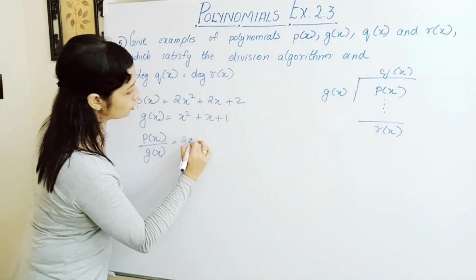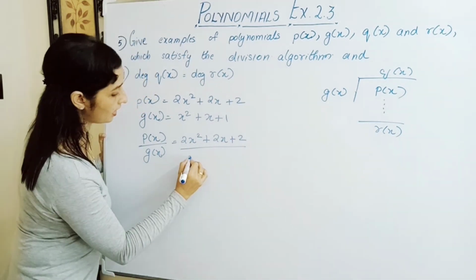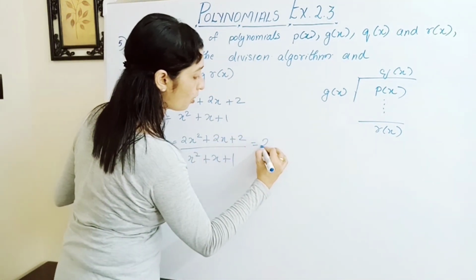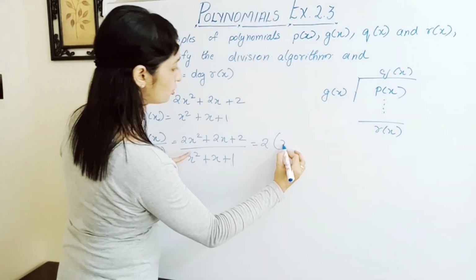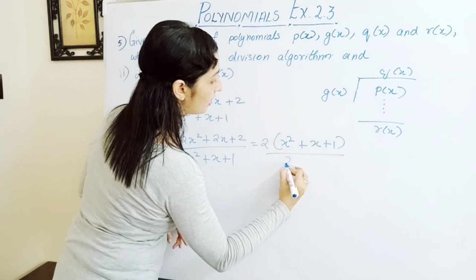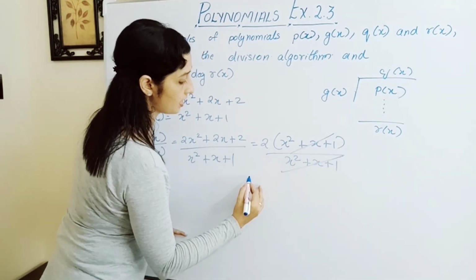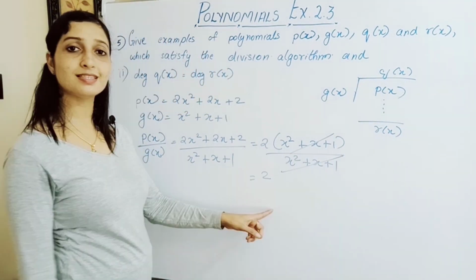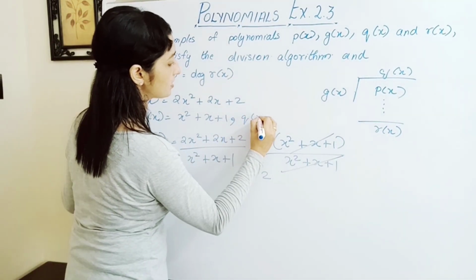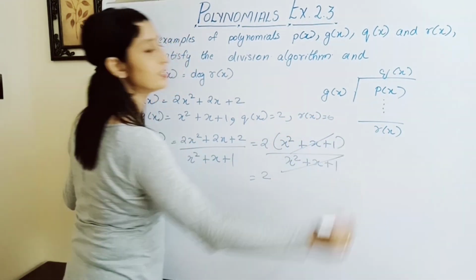What do you get? 2x square plus 2x plus 2 by x square plus x plus 1. From here you can take 2 common. So what happens? 2 into x square plus x plus 1 by x square plus x plus 1. So this and this gets cancelled. You get the quotient as 2. So you get here q of x equal 2 and r of x equals 0.